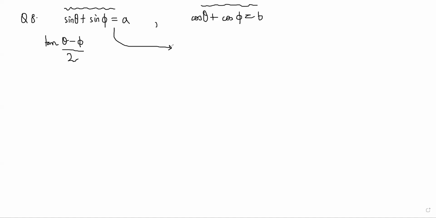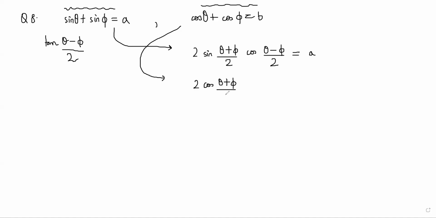So using that formula, it is 2 sine (theta plus phi) by 2 cos (theta minus phi) by 2 equals A, right? And using the cos C plus cos D formula, you get 2 cos (theta plus phi) by 2 cos (theta minus phi) by 2 equals B.